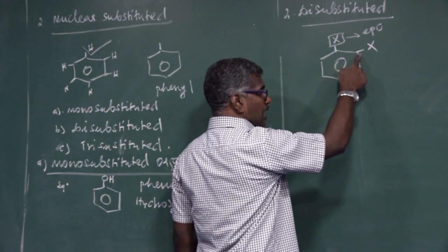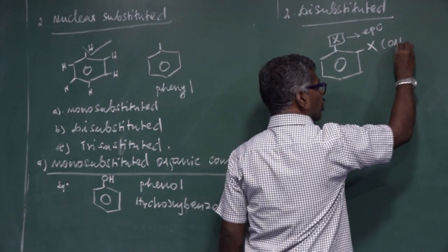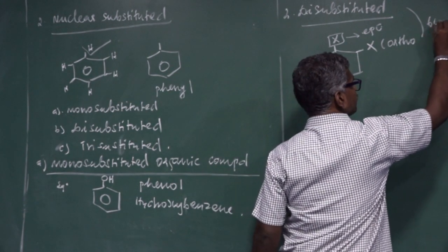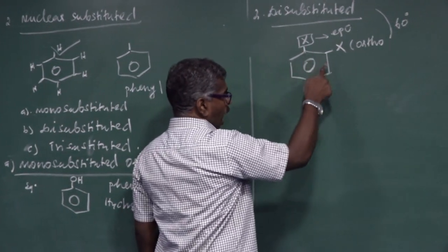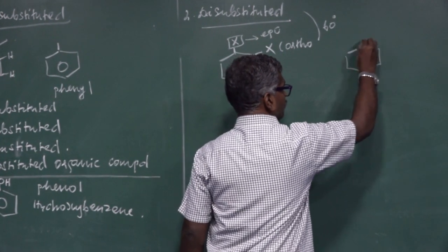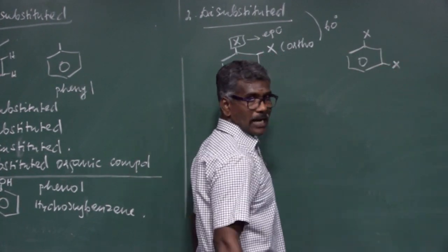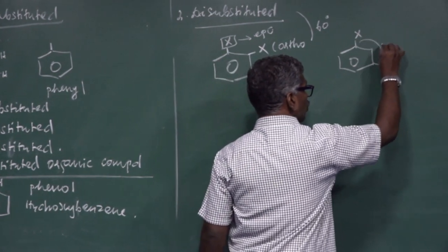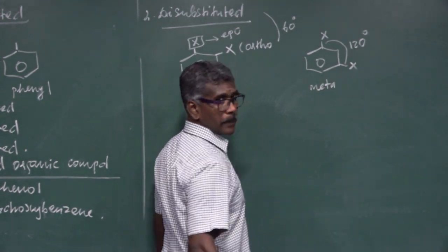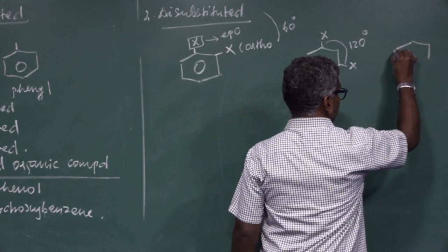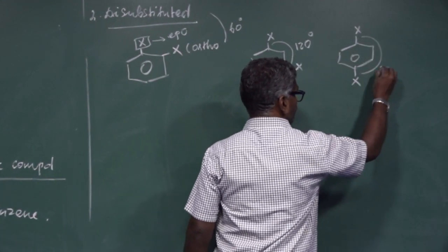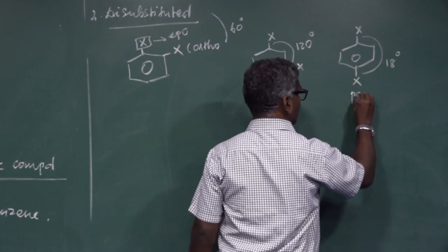The carbon nearest the reference group is called ortho, with a bond angle of 60 degrees. The alternate carbon has a bond angle of 120 degrees. This is called meta. The opposite carbon has a bond angle of 180 degrees. This is called para.